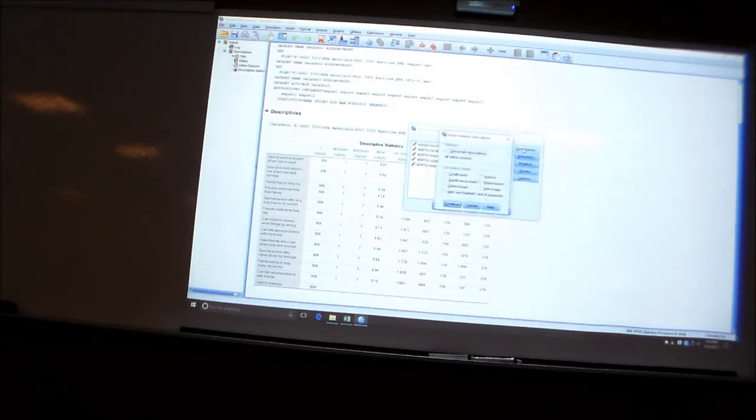And then if we go down, we can ask for a number of different things, some different matrices that it'll print out. We could ask for univariate descriptives if we want. We're just going to focus on our KMO and our Bartlett's test of sphericity, right? This is just going to give us a general sense for whether or not these data are suitable for factor analysis, hopefully that we have some correlation.